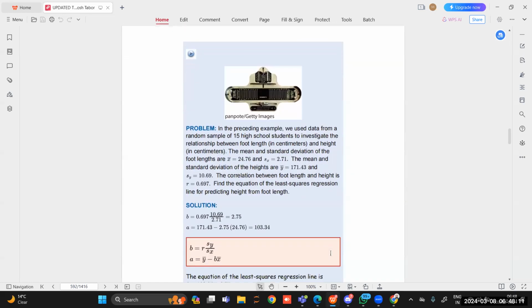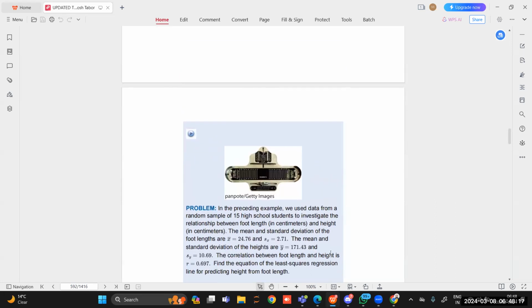Now on to the next example. Come on, do this example, Zaid. Answer the questions that he has asked. First, it's very simple.